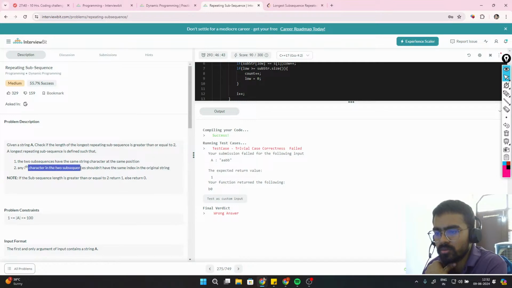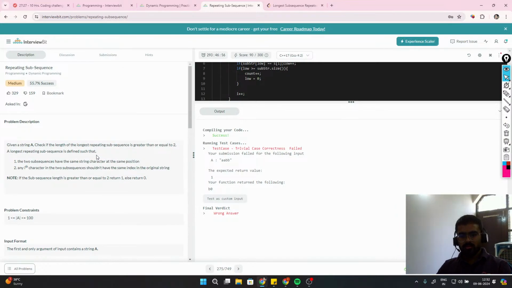Any ith character in the two subsequences shouldn't have the same index in the original string. This point is telling me what? The two subsequences have the same string character at the same position. I think this is not even a proper question.